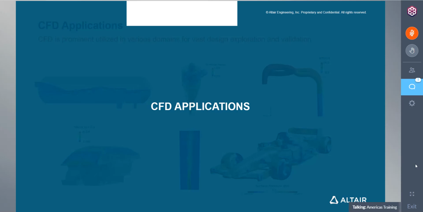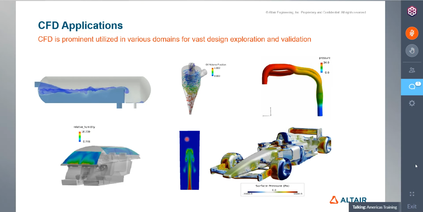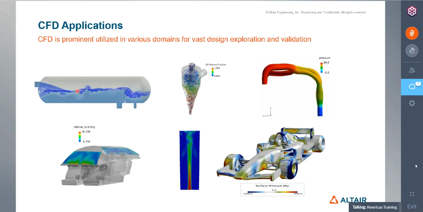What I'll do is show you briefly some of the different applications that we can use CFD for. We have tons of different uses for this, where we can, for example, simulate the mixing of different fluids, or the actual flow of a fluid inside any kind of component. We can see a model here where we're filling a tank.